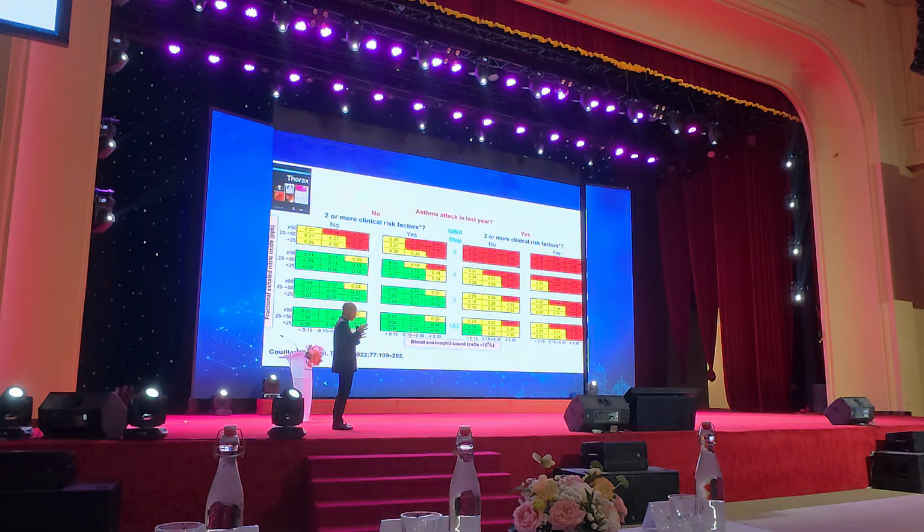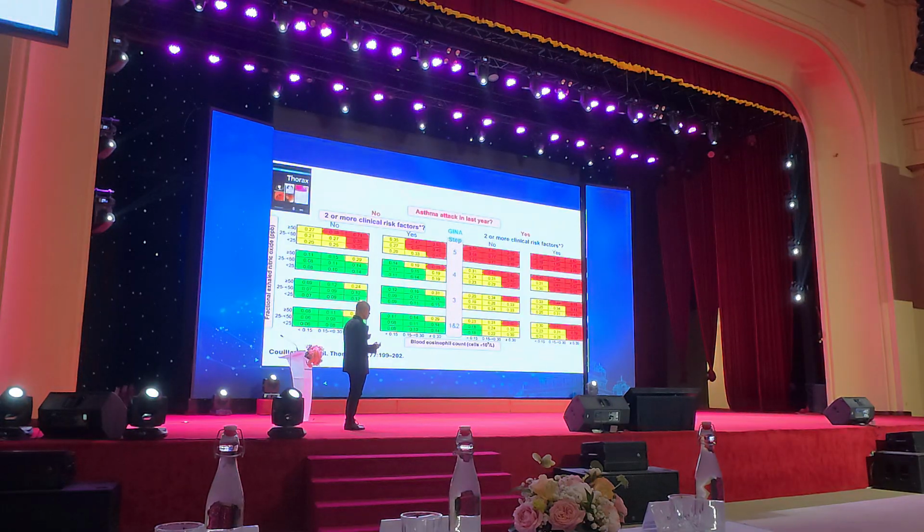And therefore, if you use those same different 9 subgroups, depending on the clinics, in other words, was there an asthma attack in the last year? Yes or no? Or were there 2 or more clinical risk factors?